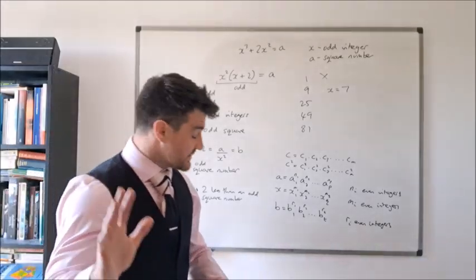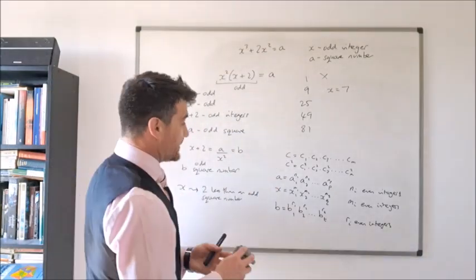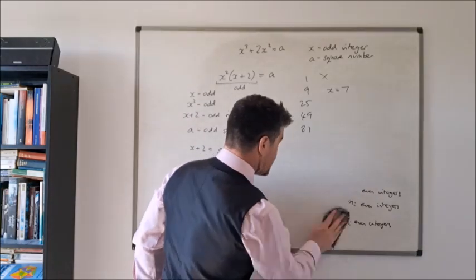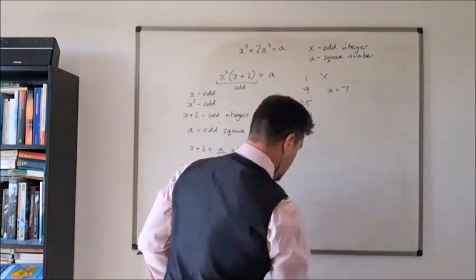Sorry, I had to think for a second there. I got a little bit lost with my train of thought. So if x is equal to 7, let's have a look.